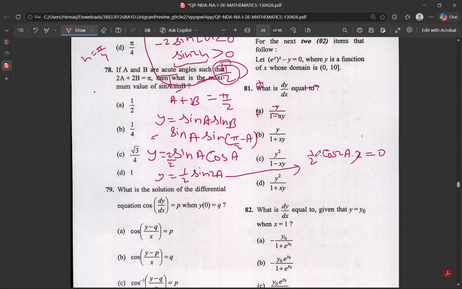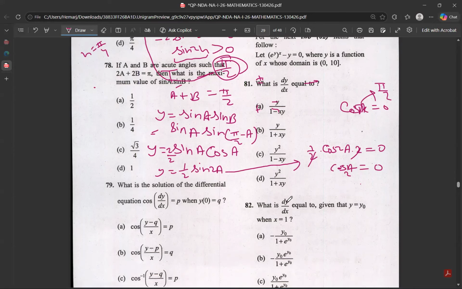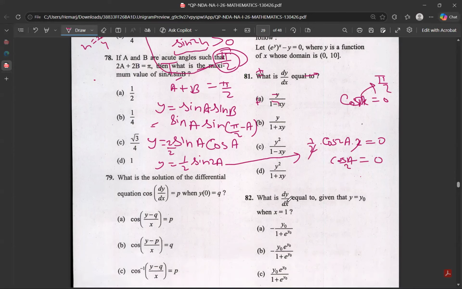First we will put it equal to 0. cos 2A is 0. If it is cos x equal to 0, x will be pi by 2, but here it is 2a. Let me make it clear.